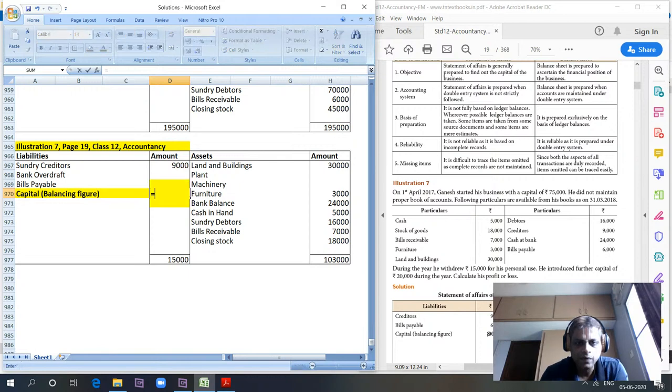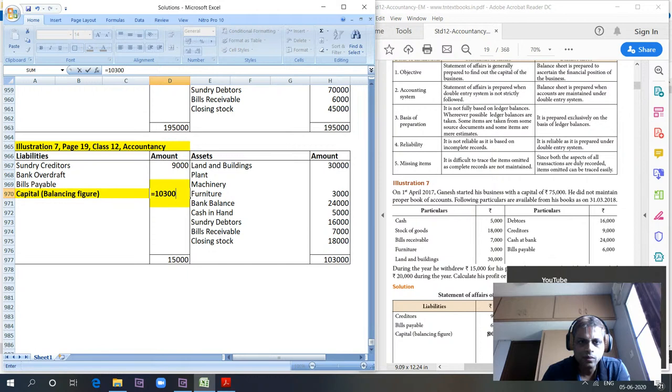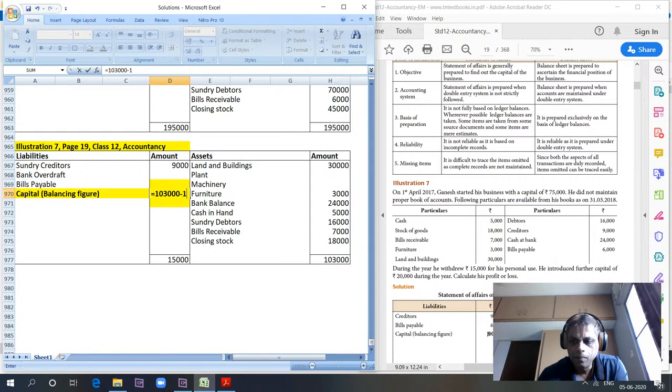So the closing capital is equal to 1,03,000 minus 15,000, so 88,000 is the capital, which is the balancing figure. Hope the students are following this.